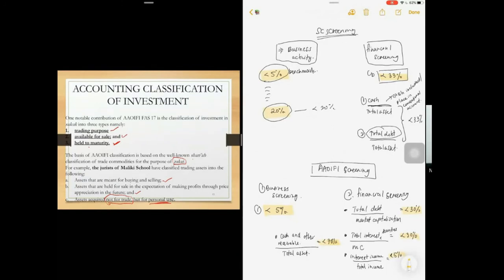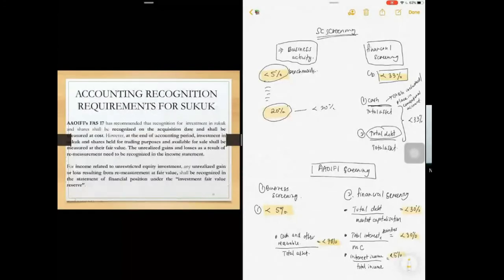Macam kita dah explain tadi lah, kalau the company beli aset tu hanya untuk held for maturity, so the asset tu tidak boleh dijual sampai habis maturity date. So itu maksud held for maturity. Sebab tu sepanjang maturity date tu hanya digunakan untuk personal use je lah.